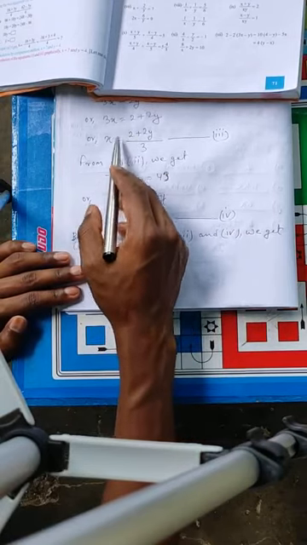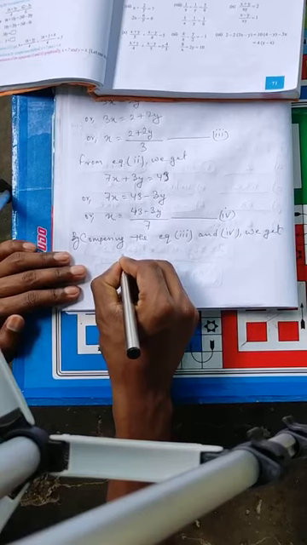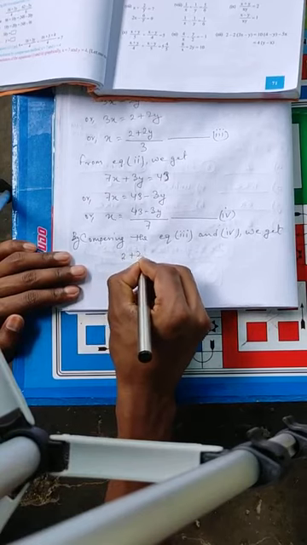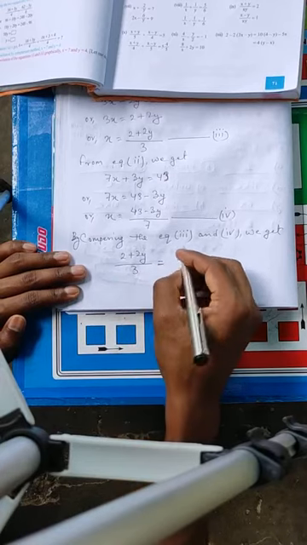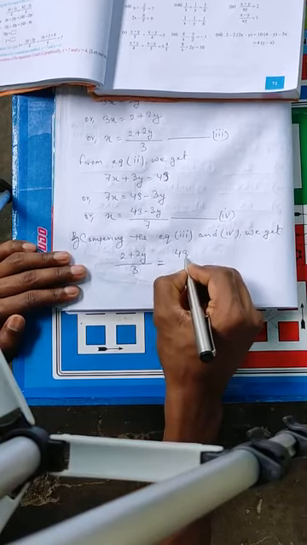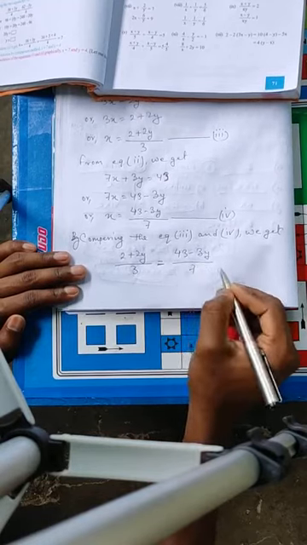No need to write x; we write the value of x only. So the value of x in equation 3 is 2 plus 2y by 3, equals 43 minus 3y by 7.